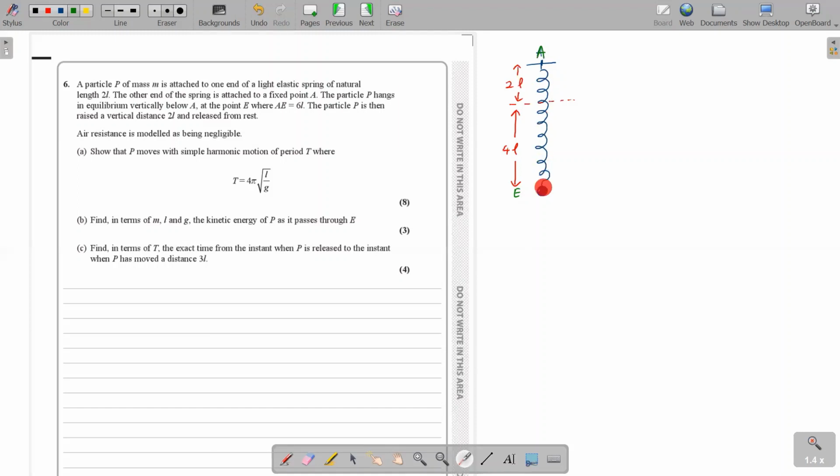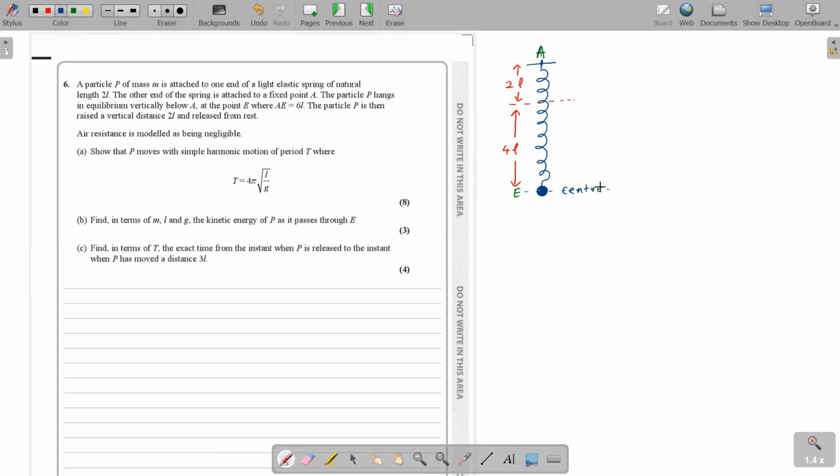Whenever an object is in equilibrium at a certain point, especially with vertical springs and strings, that point is considered the center of the SHM, right? So whatever the distance you move, this is the center of your SHM.